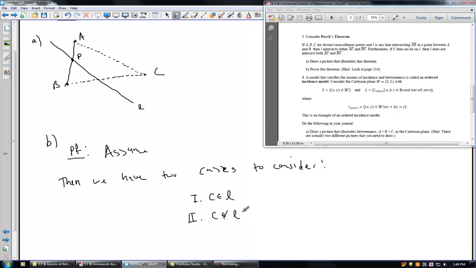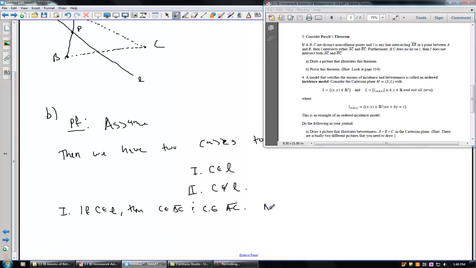If you have a line L, either C is on it or C is not on it. So case one, if C is an element of L, then C is an element of the line segment BC, and actually C is an element of the line AC. So you're done. You've shown that L intersects AC or intersects BC.